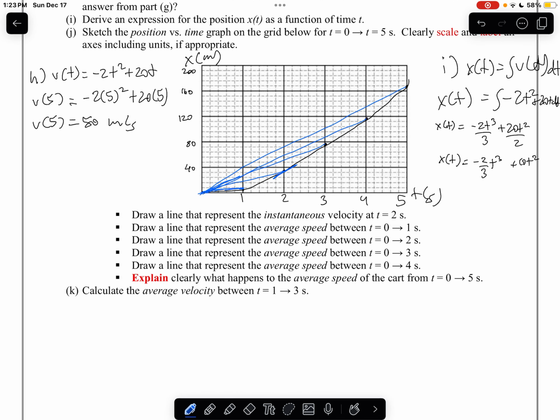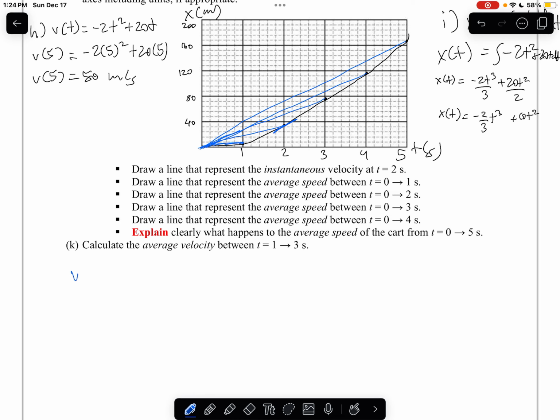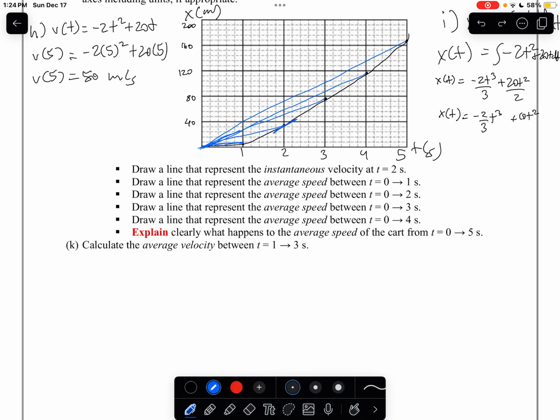And then the average speed of the cart from 0 to 5 is the greatest because it covers the most distance over a greater time, but it's also steeper, so that means it's greater. And then for average velocity between 1 and 3, I can use the points on the graph I got.